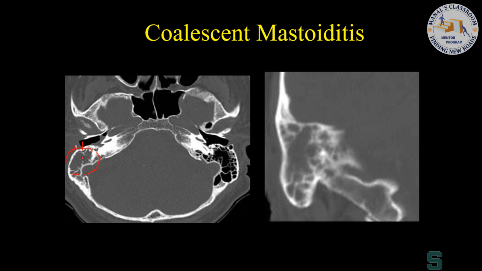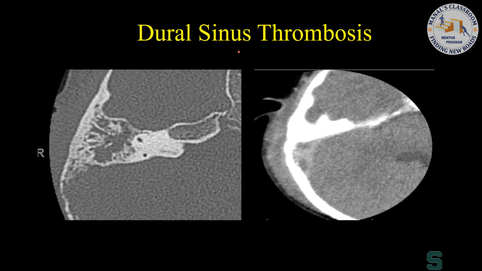So not only is there effusion, but can I convince you, if you draw a line down the middle, and you compare this side to this side, that all this labyrinthine bone right here is gone on this side? Everyone see that? So that tells me that there's been some erosion or some process that's resulting in erosion of the small bone involving the mastoid air cell. So in the right clinical situation, this is coalescent mastoiditis because there's absence of the bone.